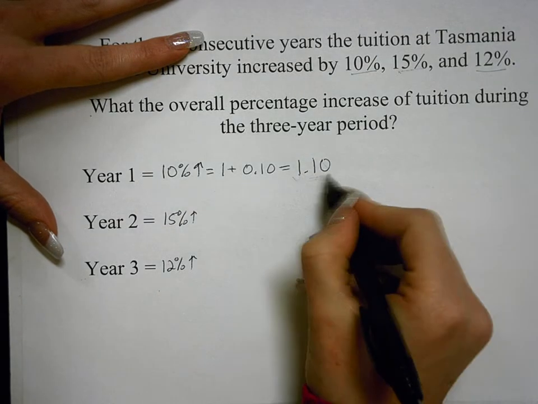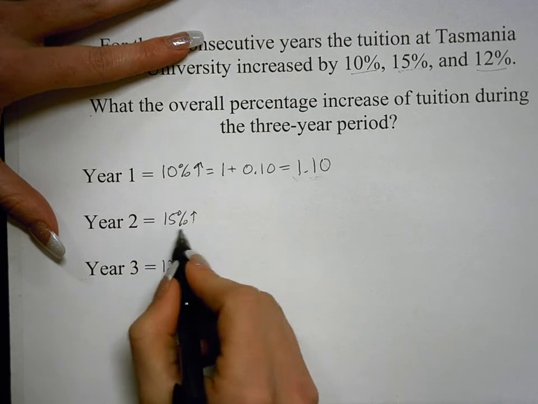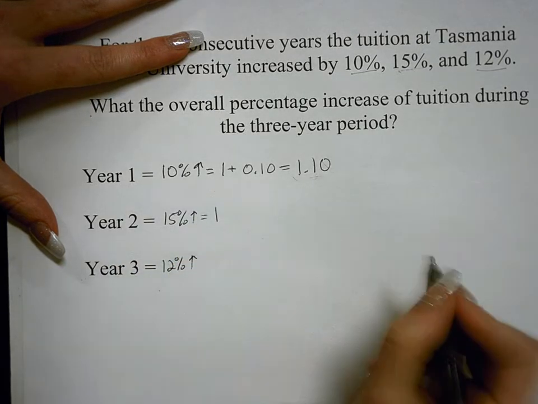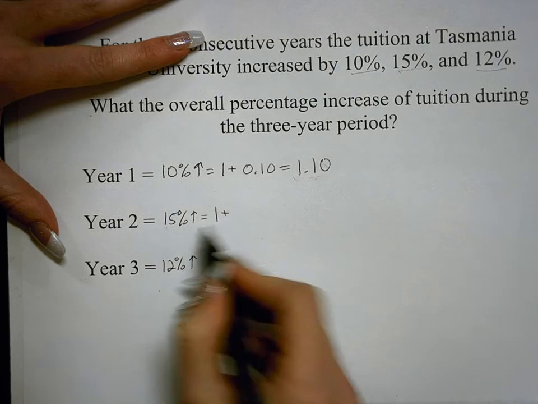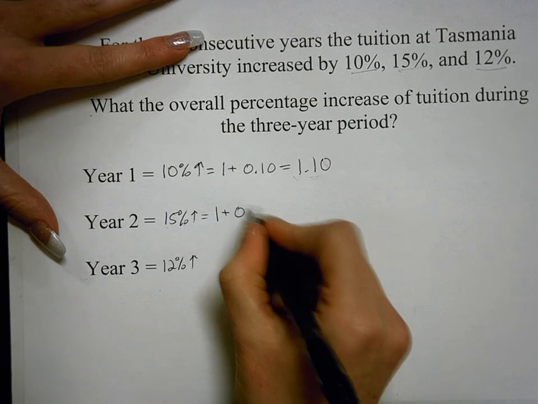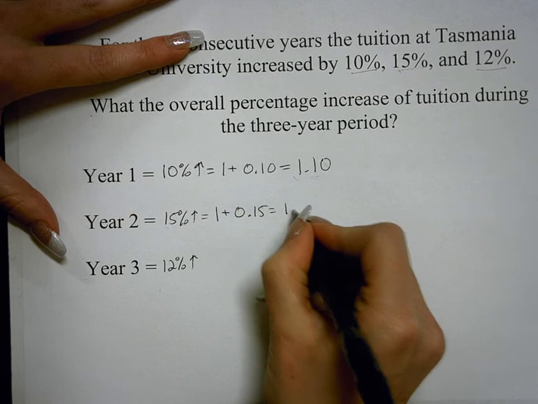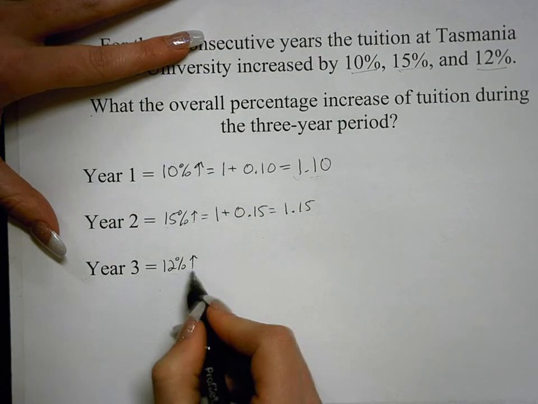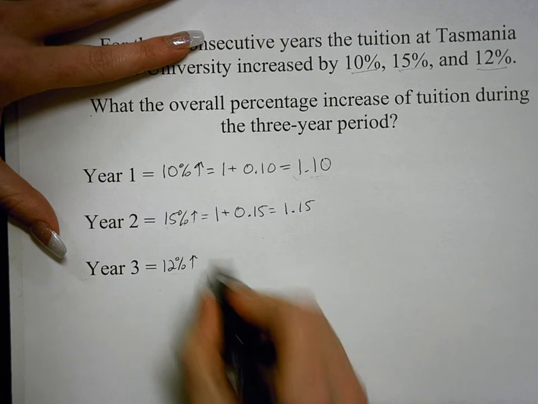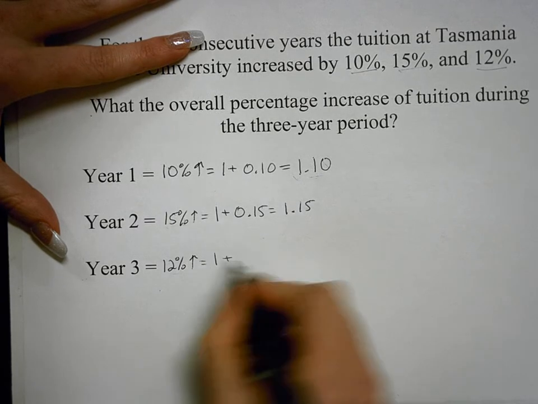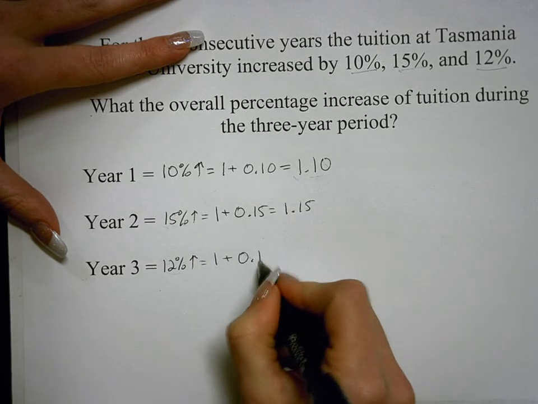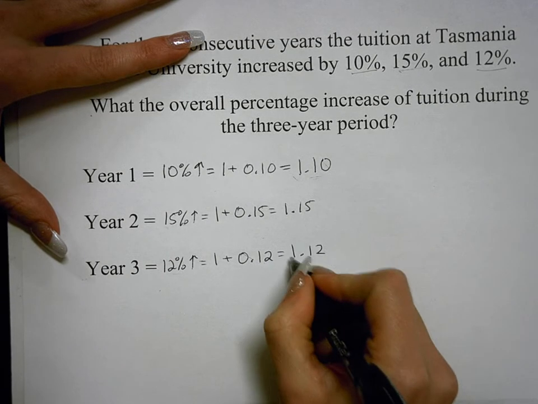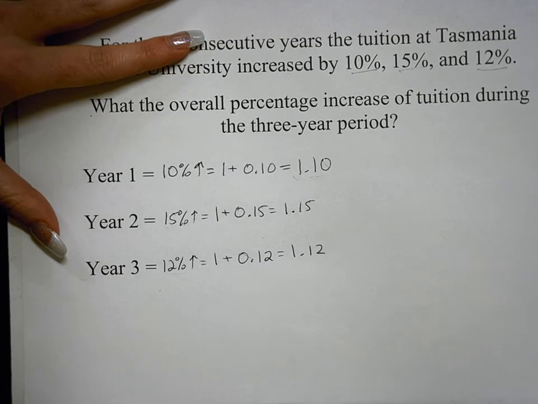This is our whole, this is the 10% increase. Now year 2 is a 15% increase. So we're going to take our original whole, add the percentage increase in the form of a decimal, and we get 1.15. And then year 3, it was increased by 12%, so we're going to take the whole, add the percentage increase in the form of a decimal. So now we have the decimals that include the whole as well as the percentage increase.